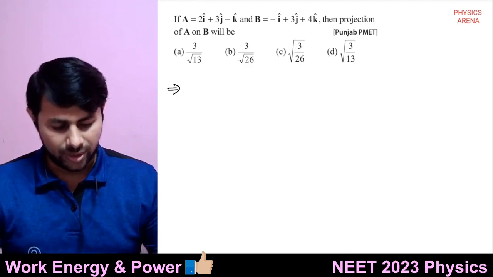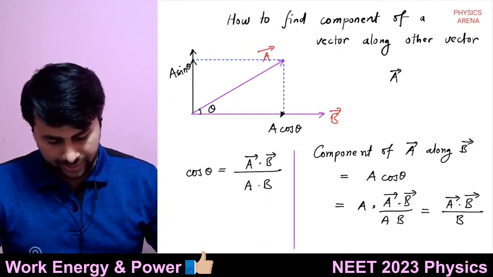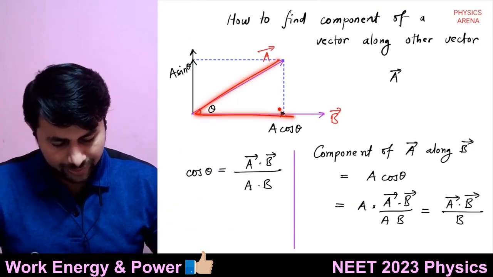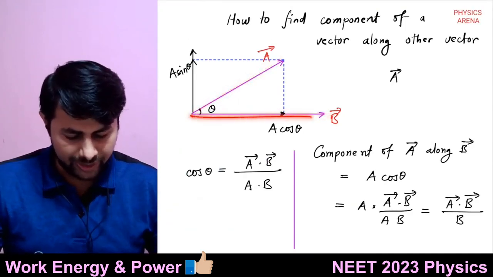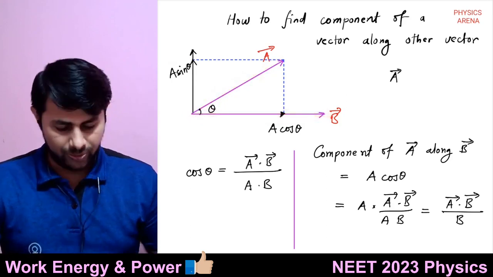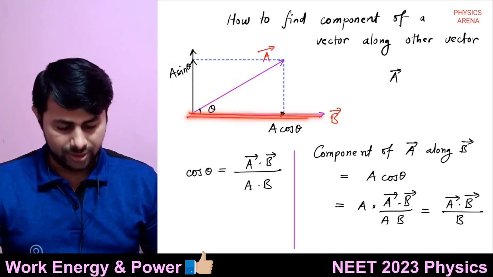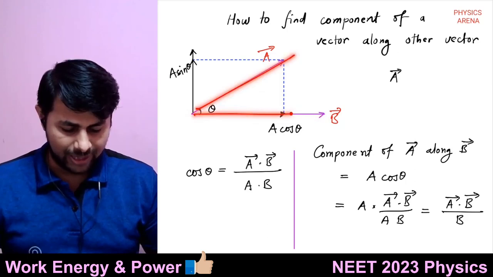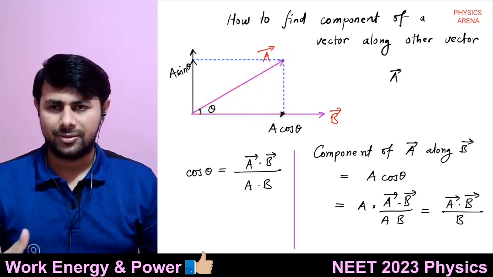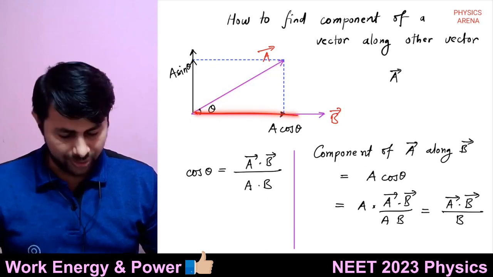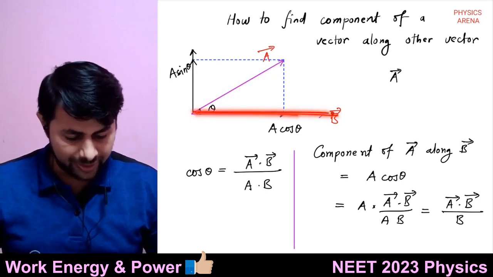You can say this is the projection of A bar on B bar. If you keep a mirror over here, how much will be the length of A bar in that mirror? It is known as the projection of A bar, on that mirror, or you can say in this direction.